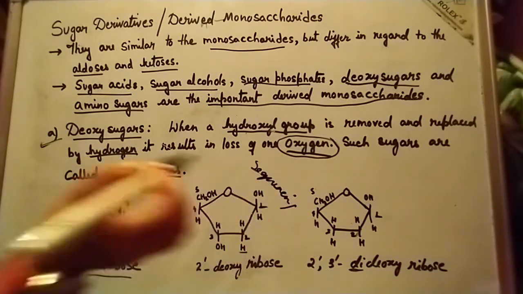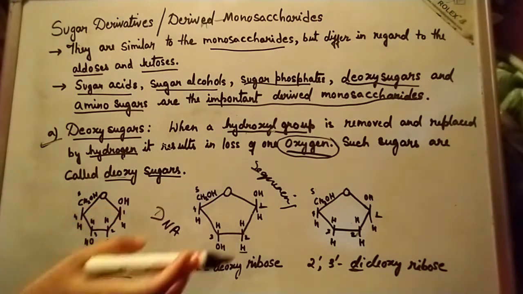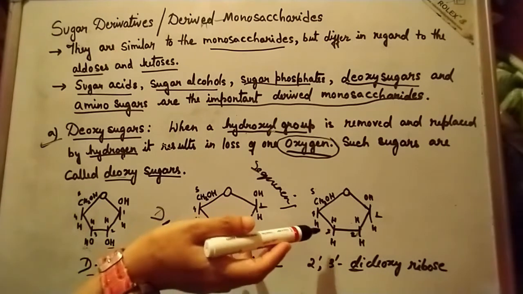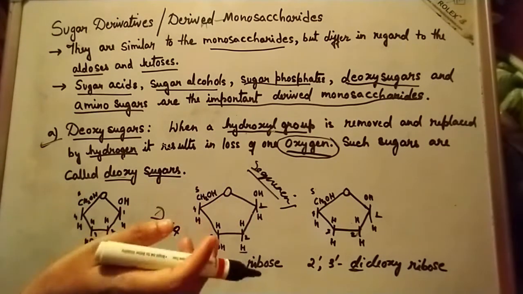So these two deoxy sugars are very important. One is found in the DNA and the other is used in DNA sequencing.